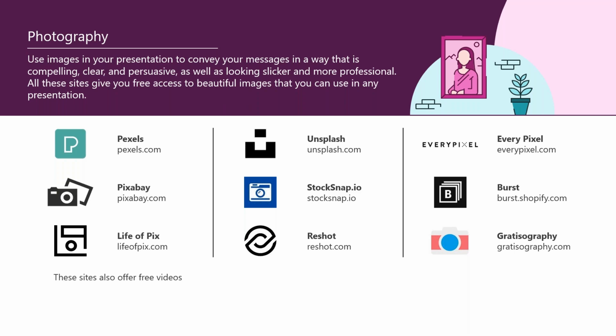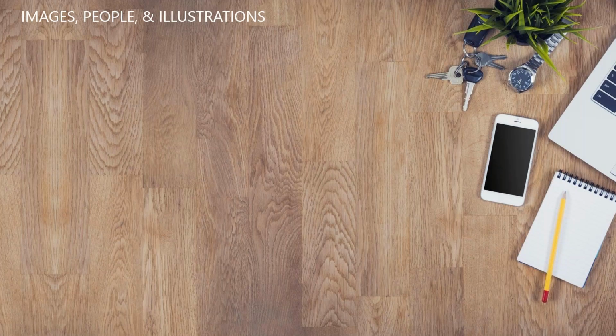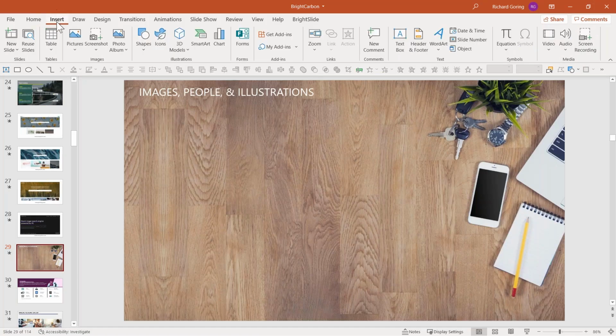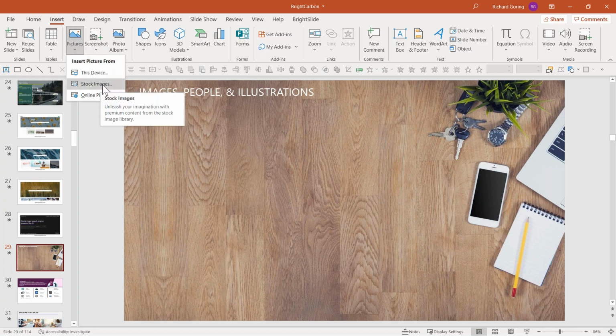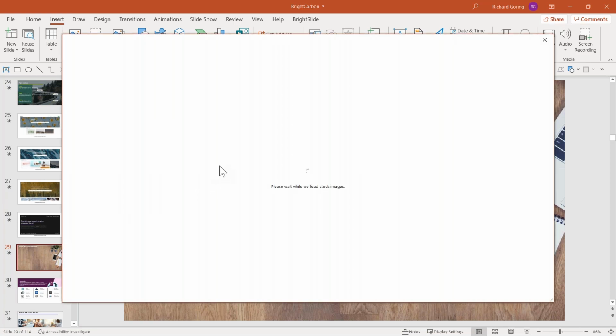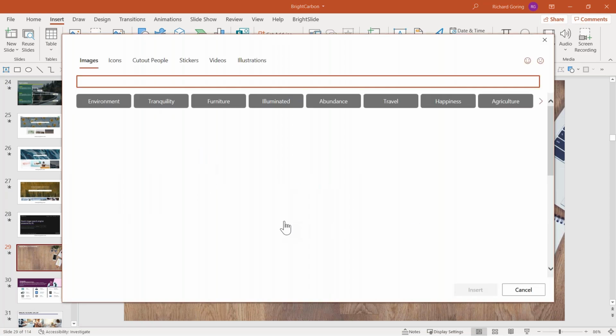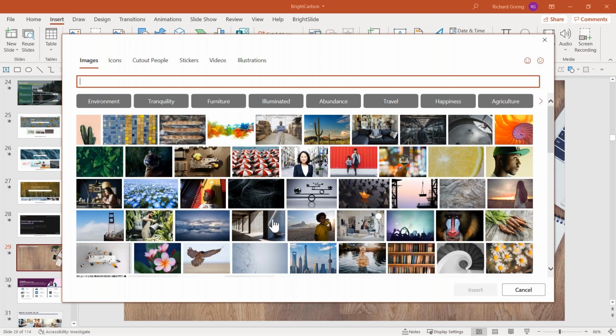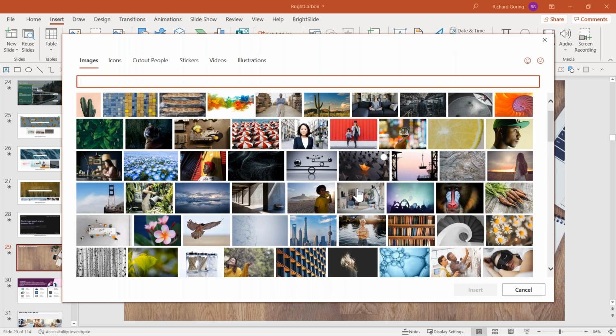Also, if you do have Office 365, you can get images from within PowerPoint. So you can go to the Insert tab on the ribbon, choose the Pictures button here on the left-hand side, and choose Stock Images. That will bring up a whole load of images that you can scan through, and you can see, again, really high-quality, beautiful imagery that you can include.